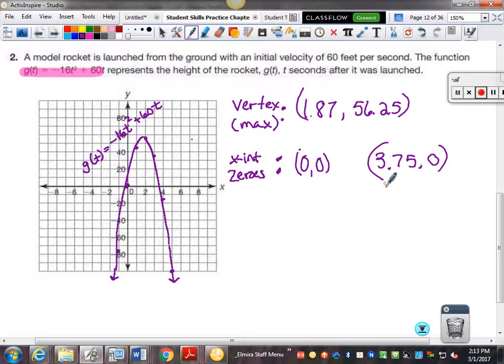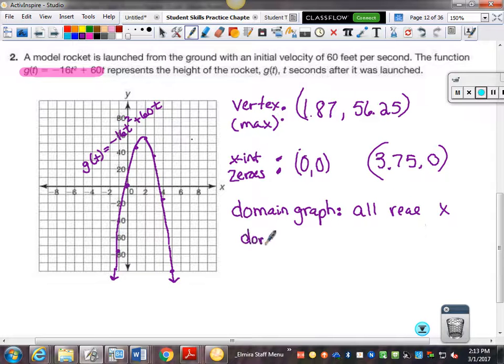Okay. The next thing the homework wants you to do is talk about domain of the function versus domain of the problem. We already talked about the fact that the domain of the graph, the domain of the function, is still all real x.